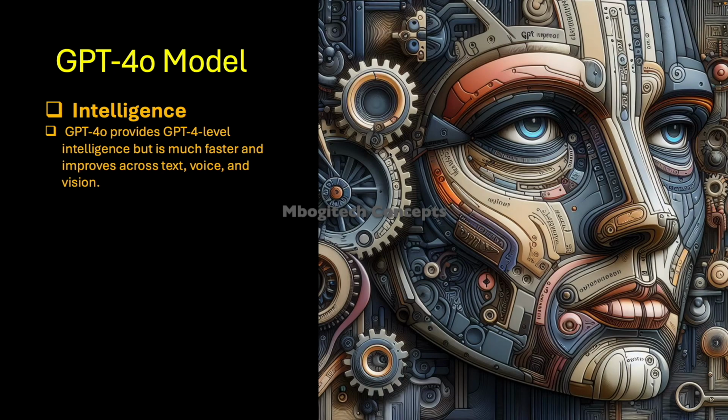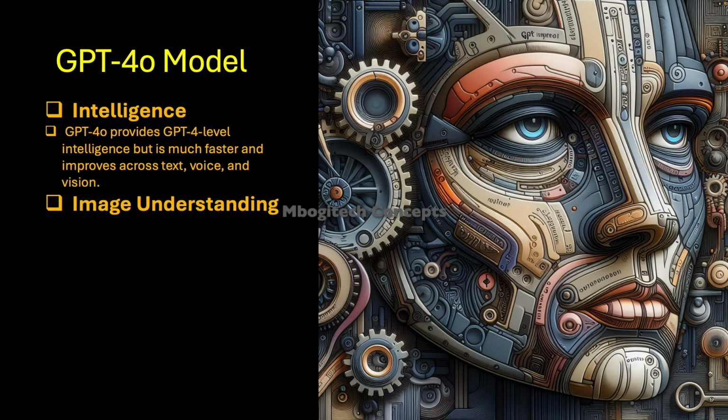Now, GPT-4o gives you that GPT-4 level intelligence. And yes, free users can have access to this. I will talk about it in detail, but for now, let me tell you that it combines text, voice, and vision to give you the best performance you can get from this AI space, and we're loving it.